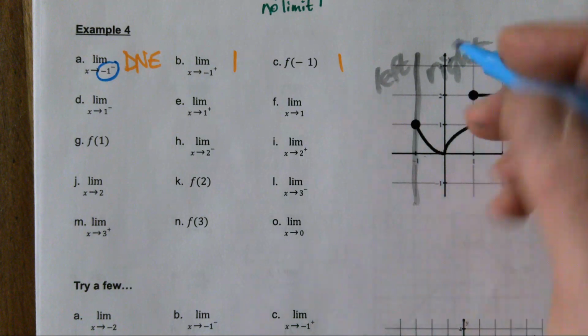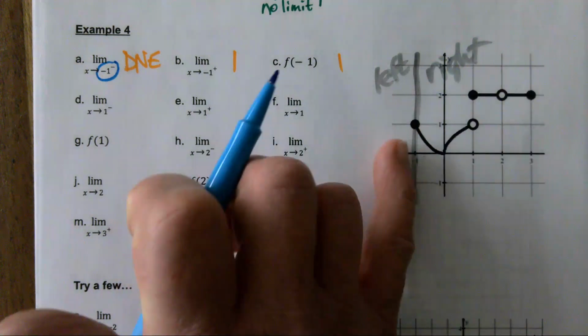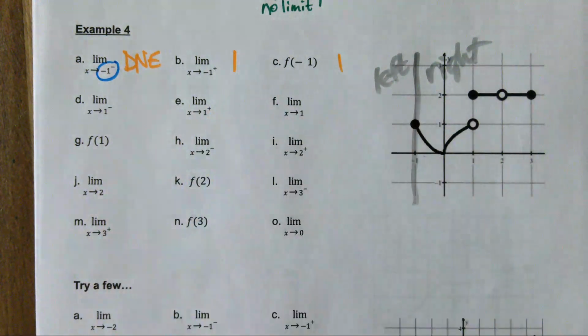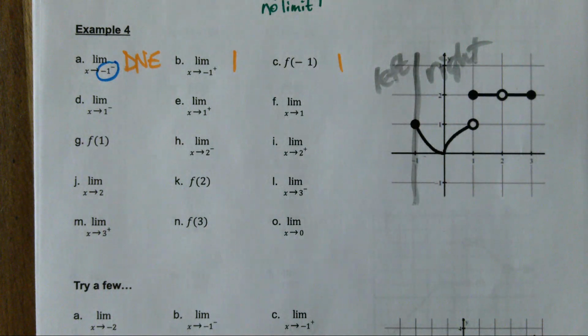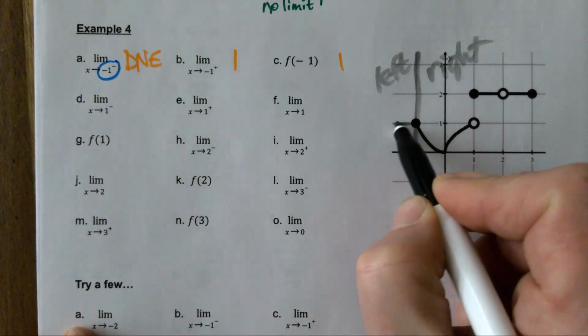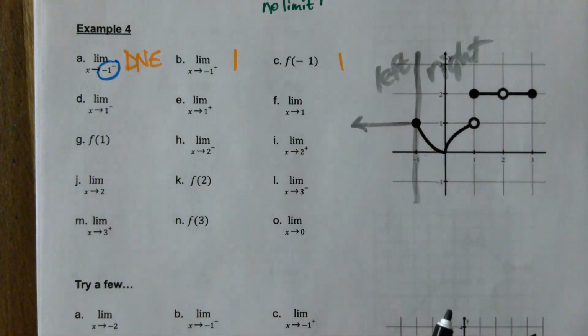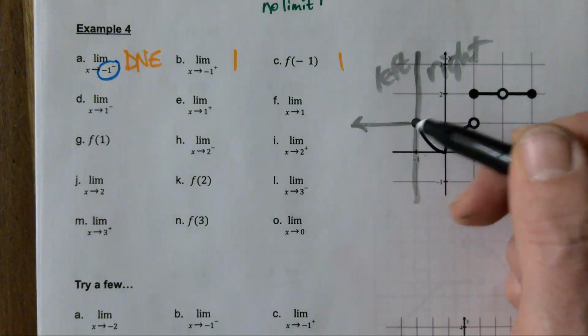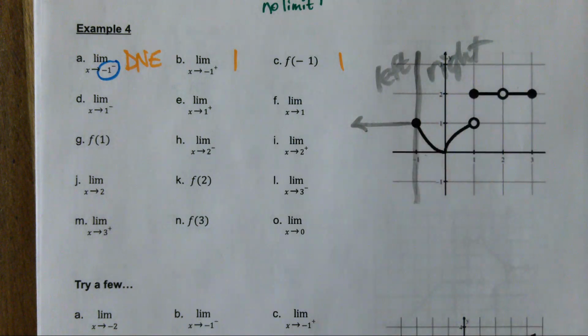At -1, here's my line of interest. Is there anything on the left? No. So there's no limit on the left because it can't come from anywhere on the left. There's no part of that graph. If I'm going to add a piece, but I'm going to erase it because this graph doesn't have it, if there was another piece of this, maybe there was that line that continued, then I would have a left-handed limit, but I don't have that there.